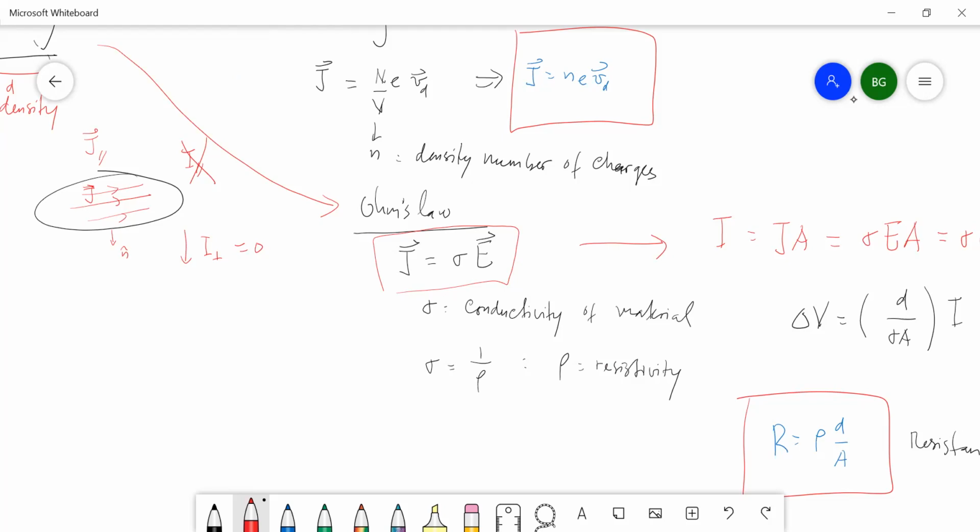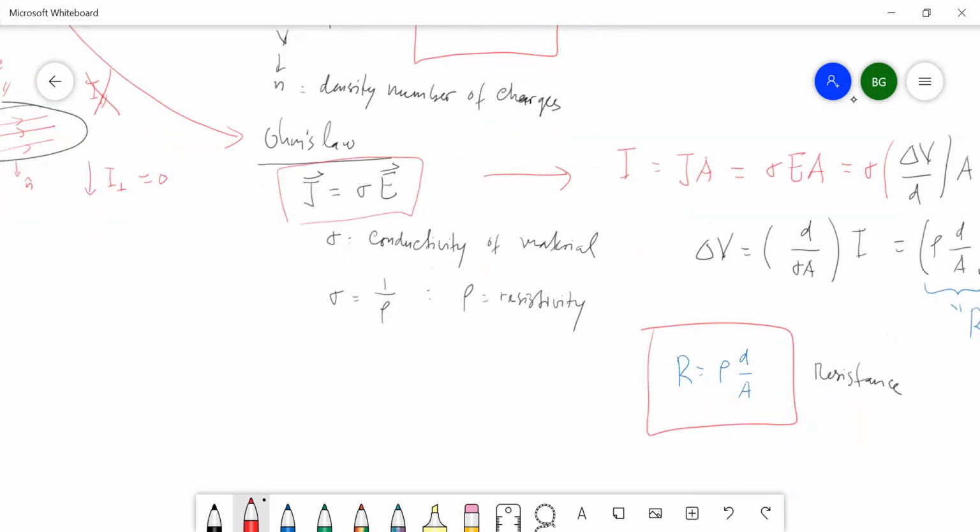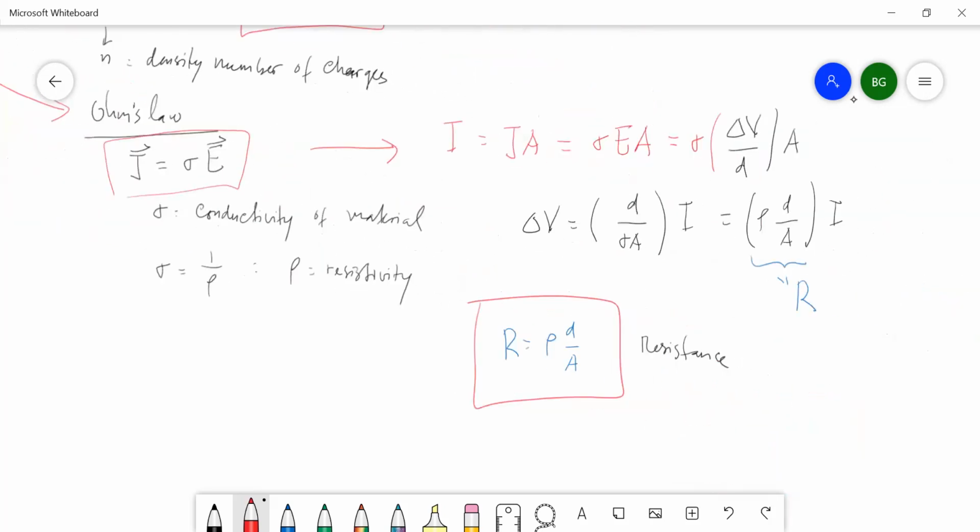This conductivity is equal to 1 over rho, and rho is called resistivity. We could also derive that the resistance is related to the geometry of the material, for example a cylinder or a rectangular shape, and it also depends on rho.